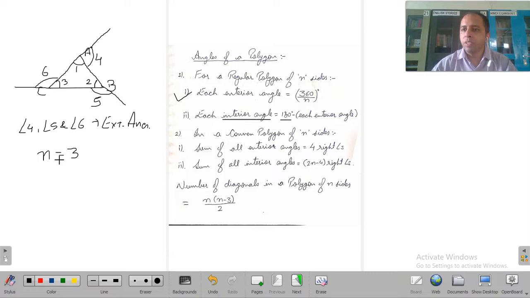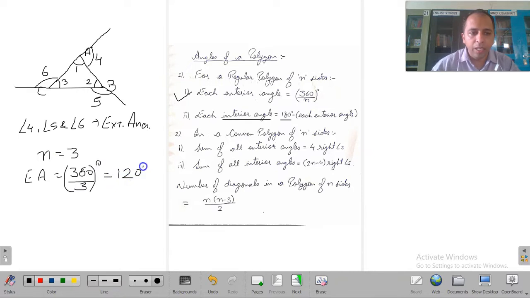So the exterior angle will be equal to 360 upon 3 degrees, that means 120 degrees. So each of angle 4, 5 and 6 will be equal to 120 degrees.